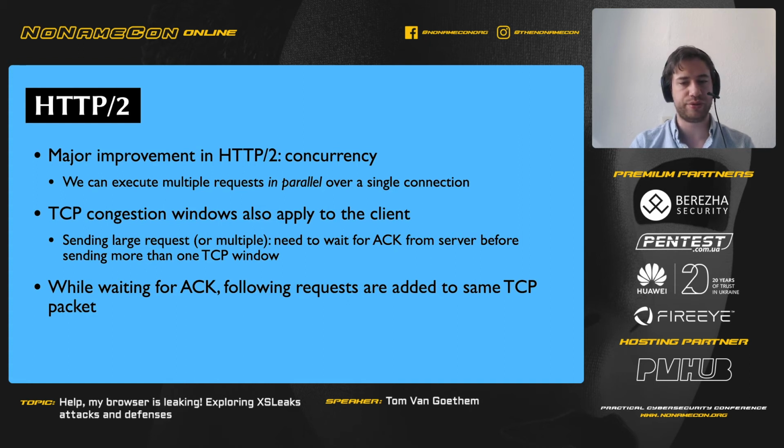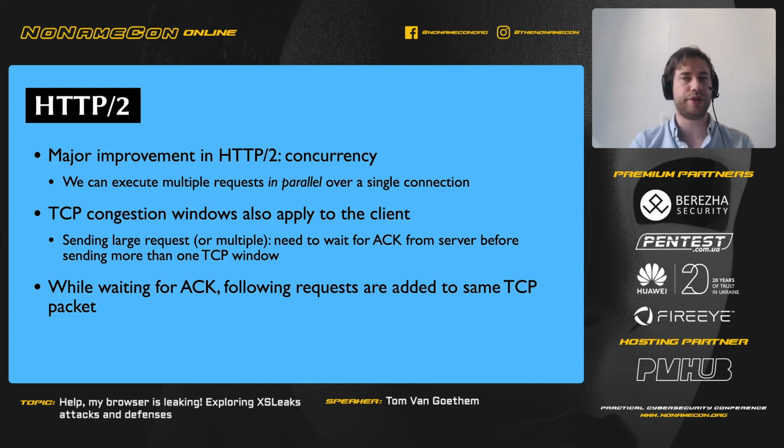In HTTP2, one of the major improvements is the support for concurrency at the network level. This allows us to execute multiple requests in parallel over a single TCP connection.